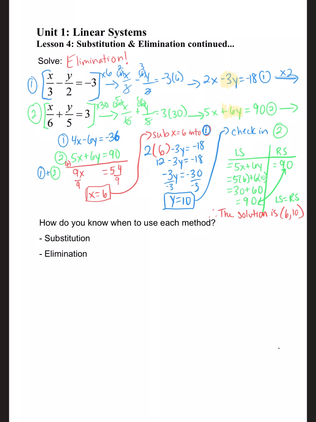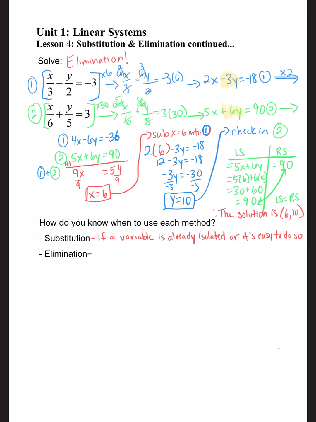So we want to use substitution if a variable is already isolated or it's easy to do so. Okay, so if it's easy to get that variable isolated or it's already isolated for you, we're going to use substitution.